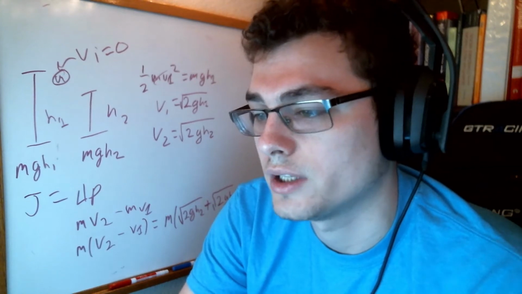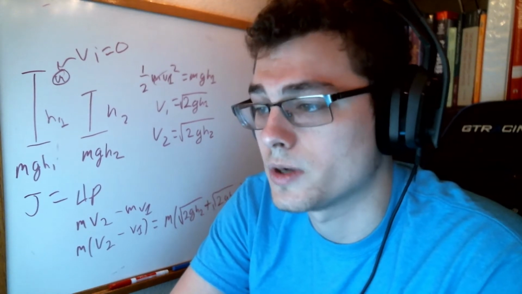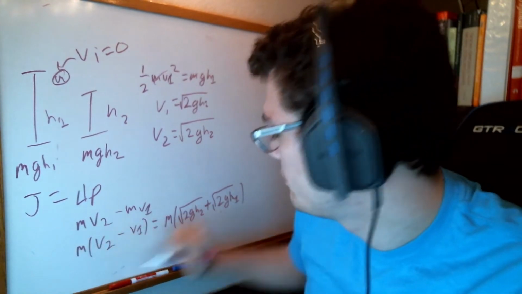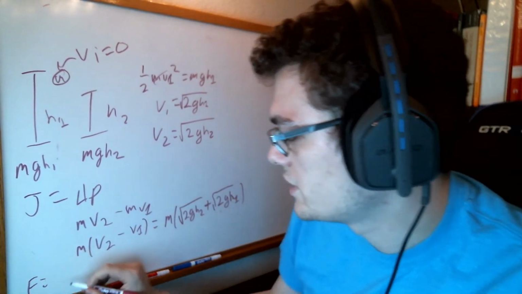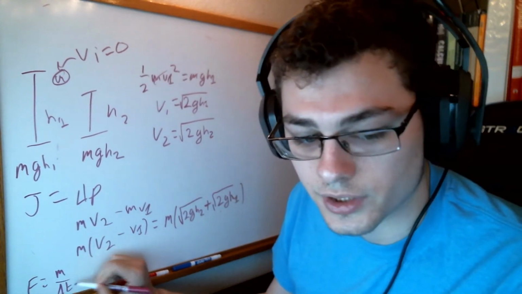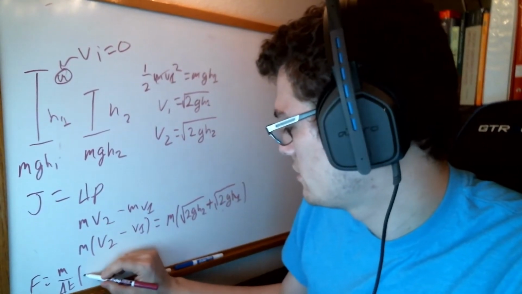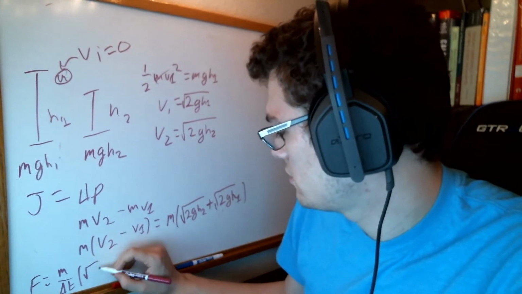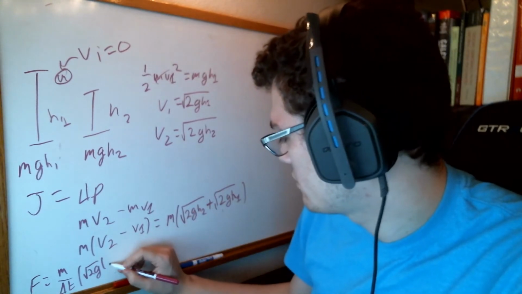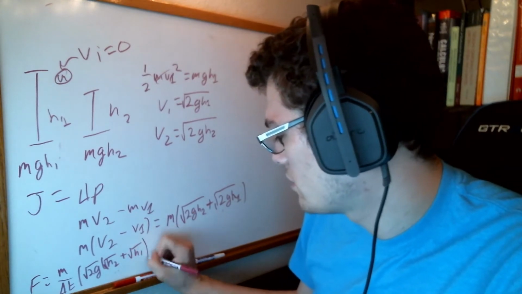So now we have to find the force. It gives us a time that the baseball is in contact with the concrete. So all we have to do is divide both sides of this equation by delta t to get F, and then we have m over delta t times the square root of 2g, because we can factor that out, times the square root of h2 plus the square root of h1.